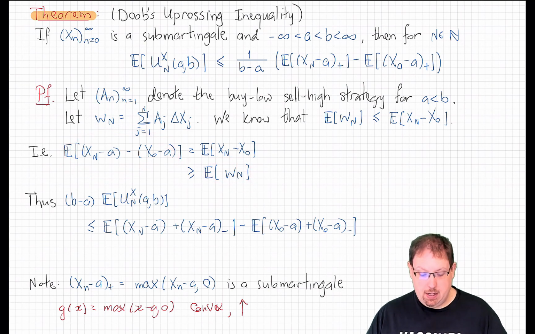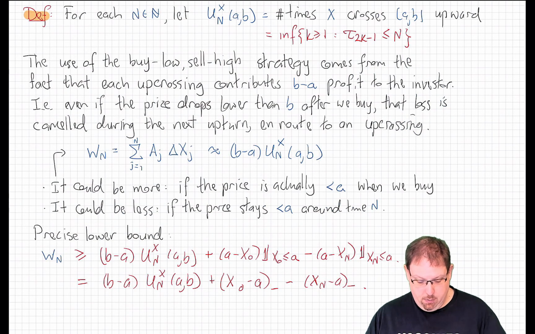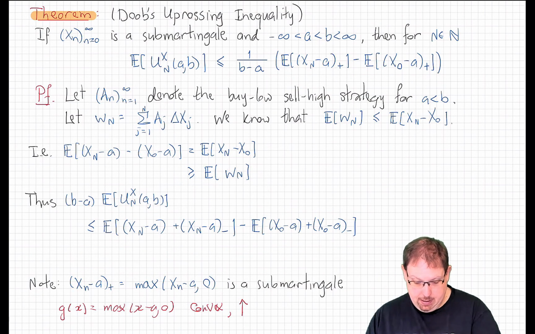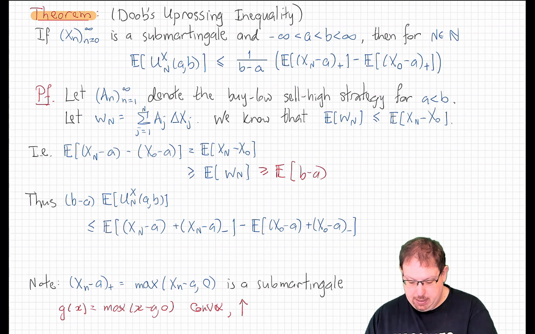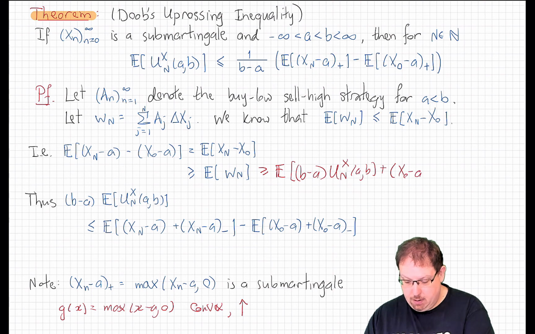But from the inequality that we just proved for our profit involving the upcrossings, that is right here, that tells us that this is greater than or equal to the expected value of b minus a times the number of upcrossings, plus the negative part of X0 minus a, minus the negative part of Xn minus a.